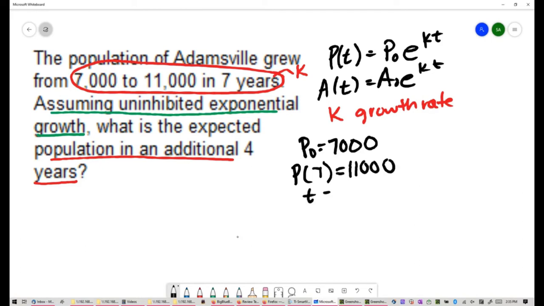And we have our t being 7 for 7 years. So looking at our formula, we have something to plug into this spot, that's the 11,000. Something to plug in this spot, that's the 7,000. And something to plug in this spot, which is the 7 years. And that means we're going to be able to solve for that growth rate.